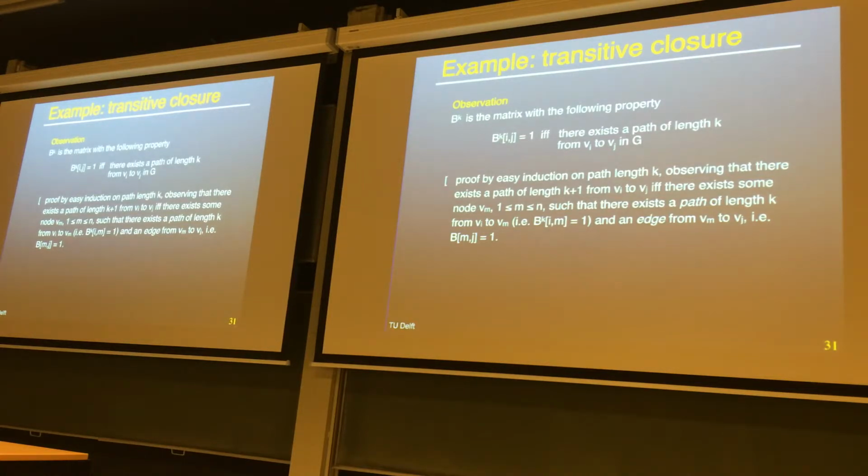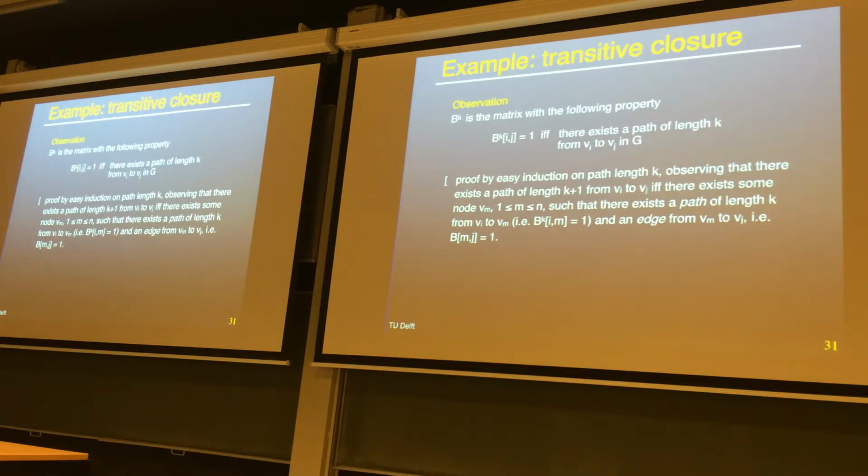And the induction step goes as follows. There exists a path of length k plus 1 from Vi to Vj if I can split that path into a path of length k, and a final step that is performed by following an edge in the original graph.